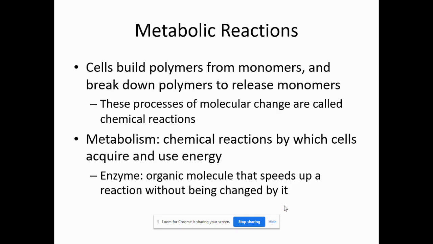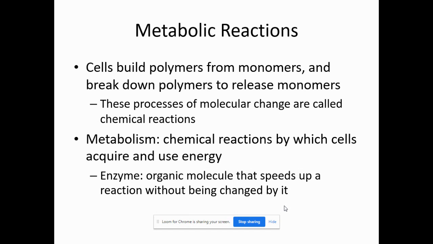And so when we talk about metabolism, we'll talk about metabolic reactions. So cells build polymers from monomers and break down polymers to release monomers. What is metabolism? Basically, it's a series of chemical reactions by which cells acquire and use energy.